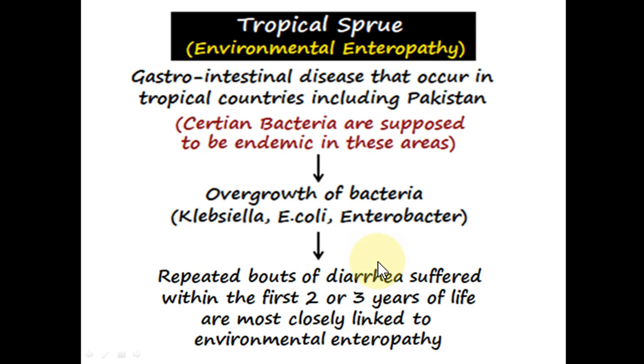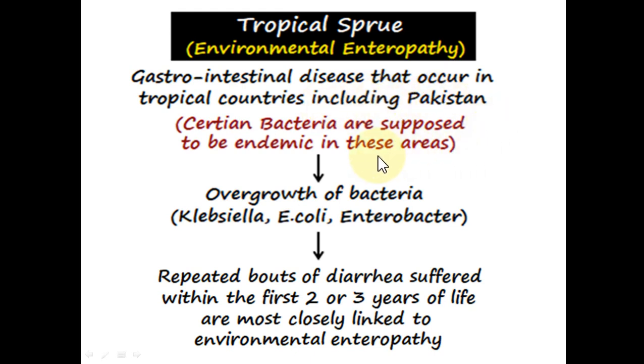Tropical sprue is a type of enteropathy, an intestinal associated disorder, that is commonly seen in countries that are located in the tropics. And those countries also include Pakistan.